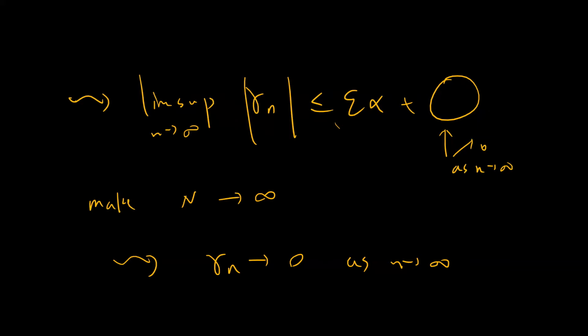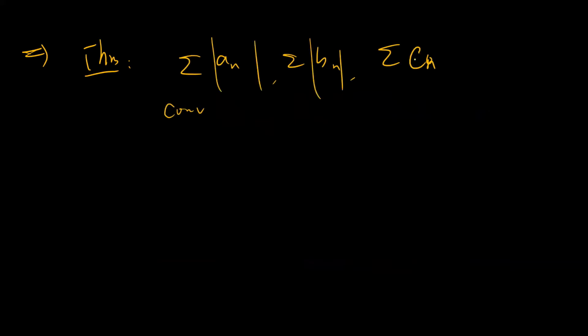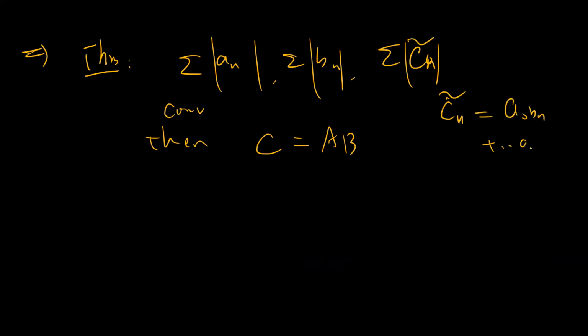Okay. So from the previous results, we get a theorem. If all your a n, b n, and C n converge absolutely, so that means these three converge, then C equals AB. Here C n tilde is defined to be a0 b n plus up to a n b0.